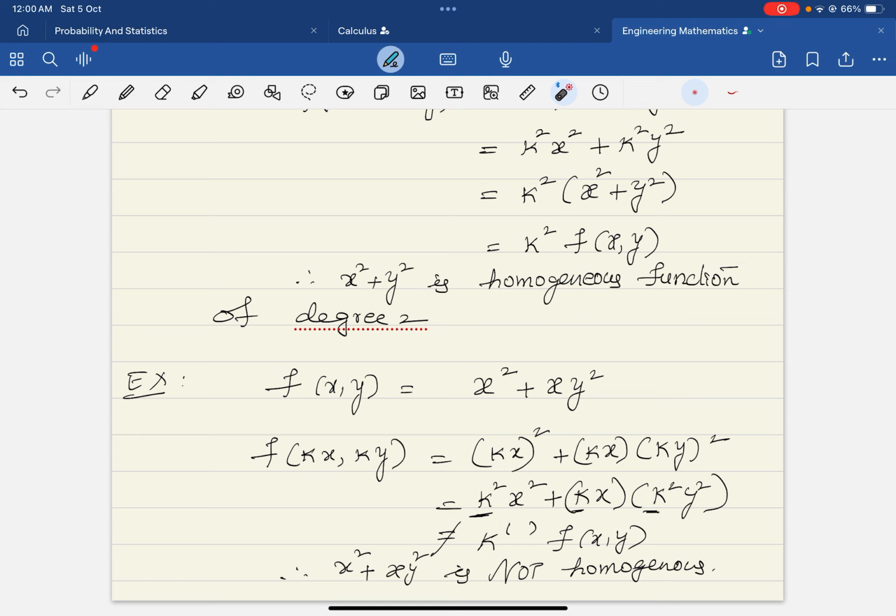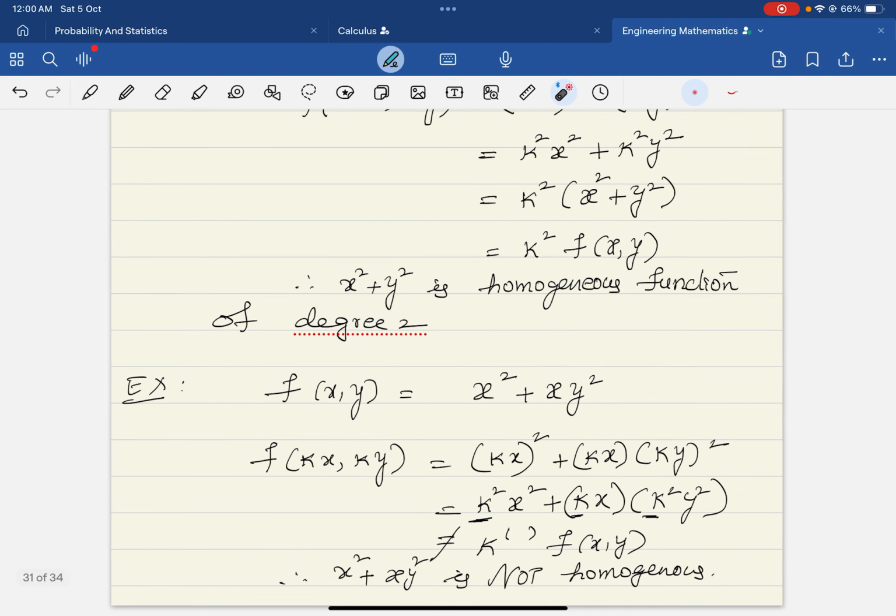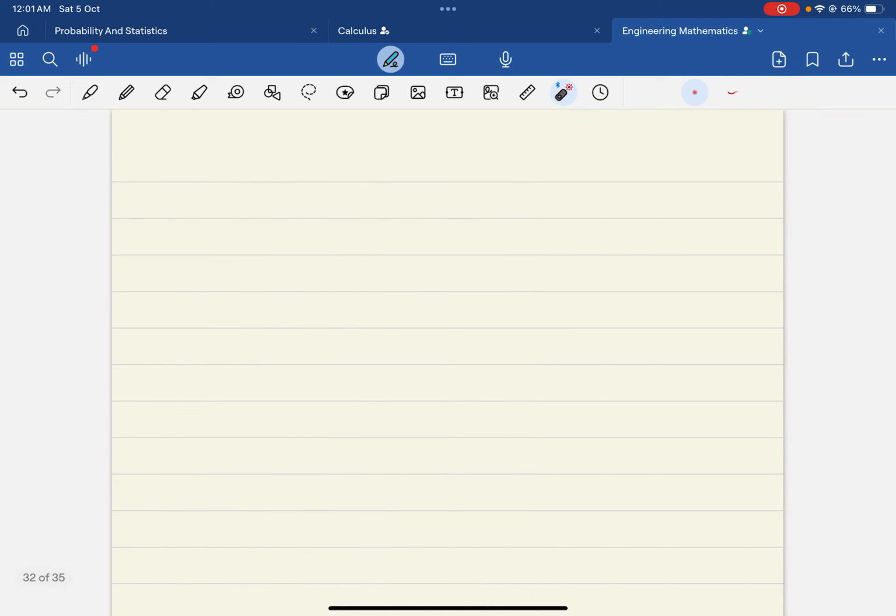Both of them are not equal. Whenever the powers are not the same, we say that they are not homogeneous. To become a homogeneous function, it should be k power n times f of x comma y, and all the terms should have the same degree. Then we say that it is a homogeneous function.